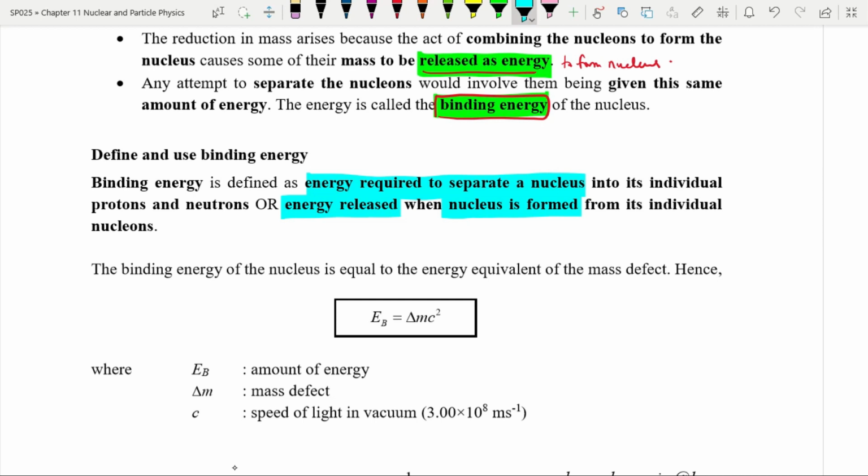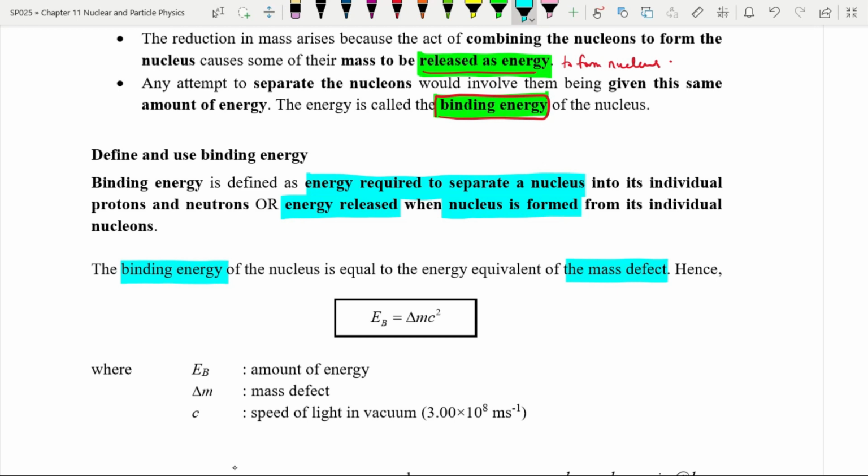Okay, so the formula to calculate the binding energy is actually the formula from Einstein, yang mana kita akan kata the binding energy is equivalent to the mass defect yang kita dah kira atas tadi. So the difference in mass between the total mass of proton and neutron minus the mass of nucleus is equivalent to the amount of energy yang required to form the bond ataupun amount of energy released to break the bond.